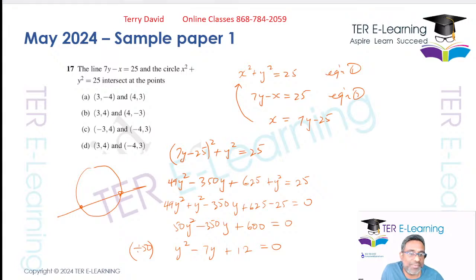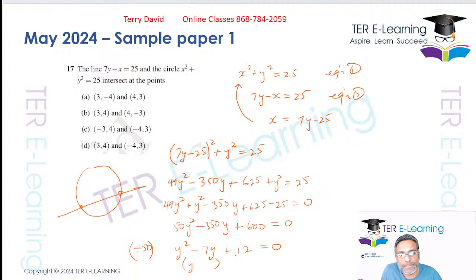So since I've factorized it for you here, which one is the correct answer? I've seen a lot of people saying D is the answer. So all I will do is factorize this.